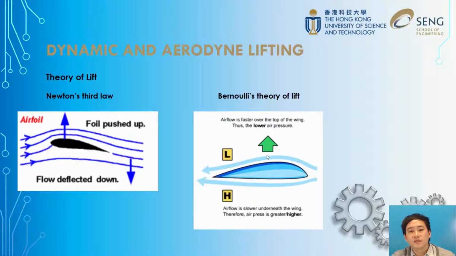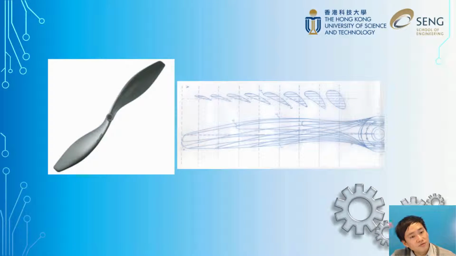So the pressure difference will generate a lifting force. At the same time, the downward movement of the air particles will also push the propeller upward. By combining the two theories, we have the uplifting force in the propeller system.